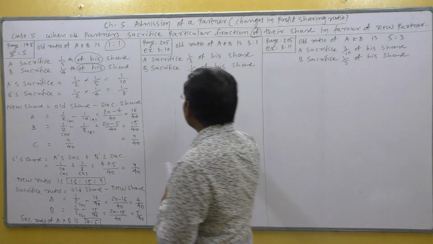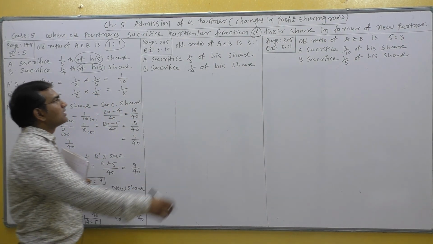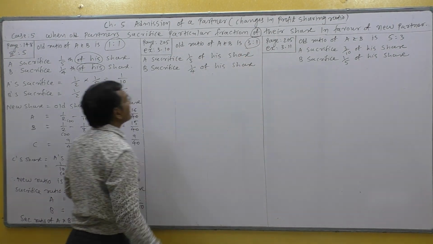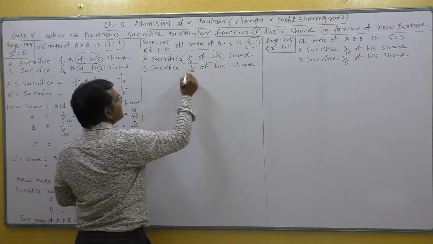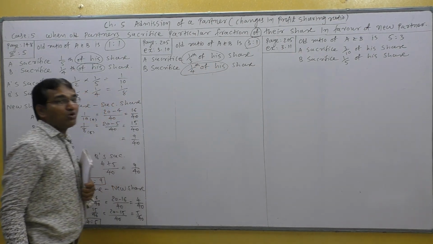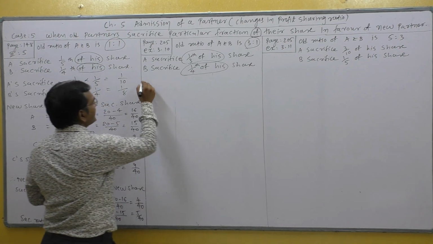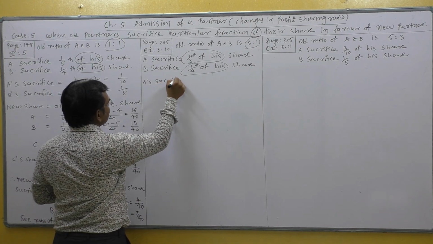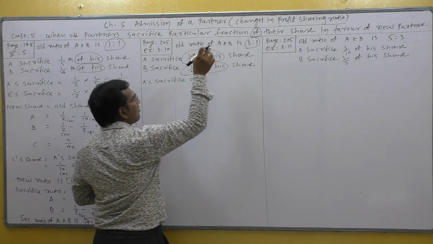Page number 205, exercise 3.10. Student, here the condition is old ratio of A and B is 3:1. A sacrifices 1/3 of his share and B sacrifices 1/4 of his share. Means here sacrifice share is not given, right? So let us start calculation. A's sacrifice is equal to 1/3 of his share.